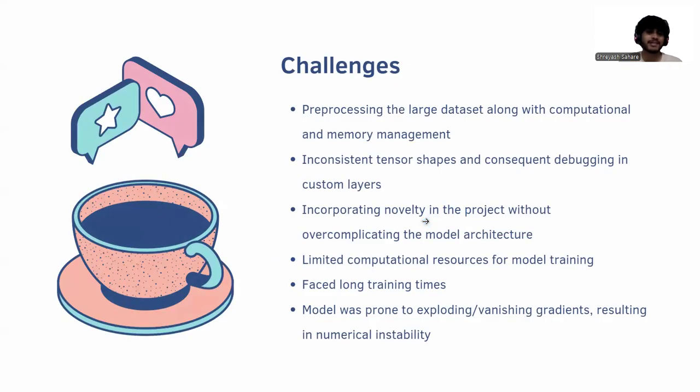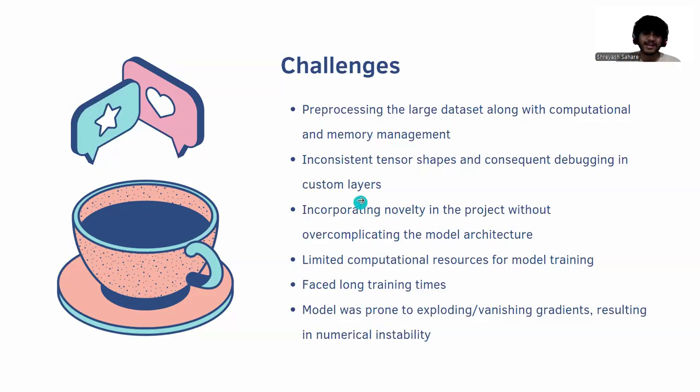There are certain challenges which I faced while creating the project, which basically I dealt with managing large data sets along with computational and memory management. And it often required implementing efficient data loaders, as I mentioned earlier, and using batch processing. So over here, I used the TF.data API to streamline the dataset management and improve pipeline performance.